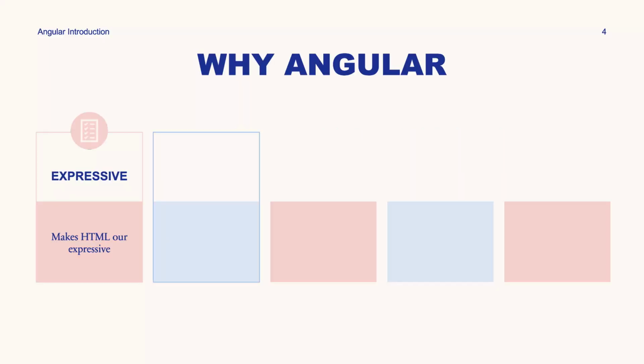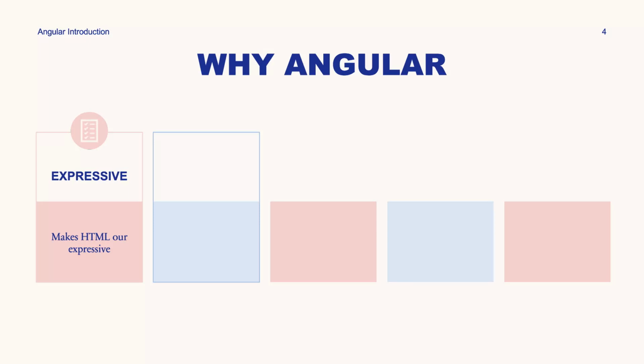Angular makes our HTML more expressive because it has so many built-in features like if condition, for loops, local variable and so on that make our HTML more powerful and more expressive.